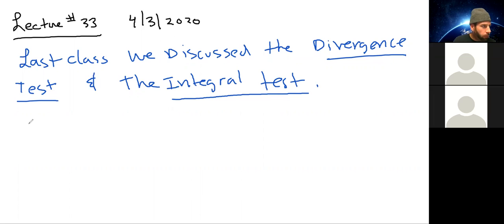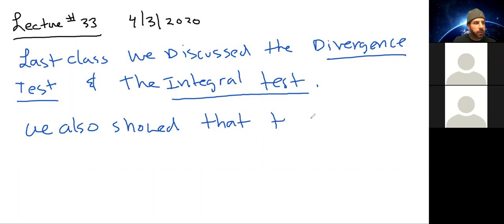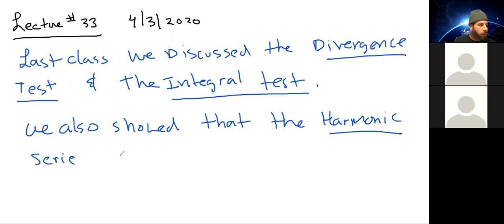We also, and this is also important, we also showed that the harmonic series, what was the harmonic series? It was 1 plus 1/2 plus a third plus a fourth plus a fifth for eternity.